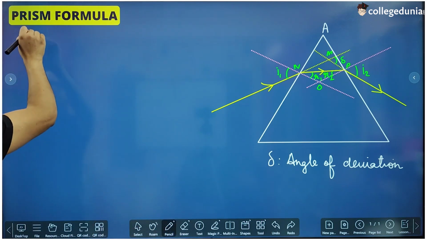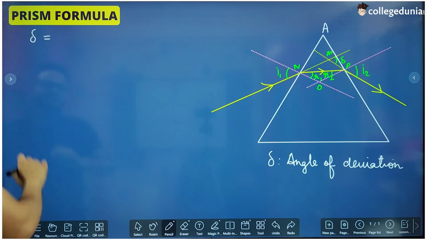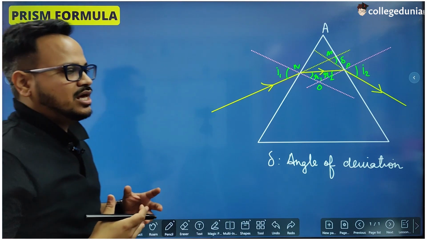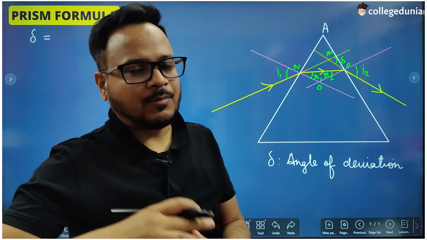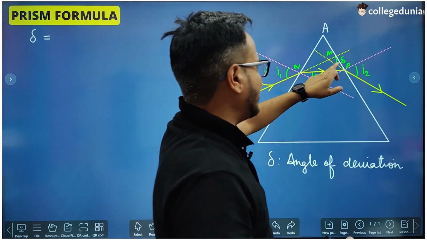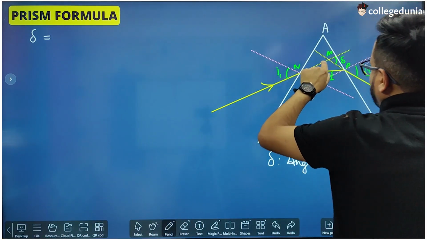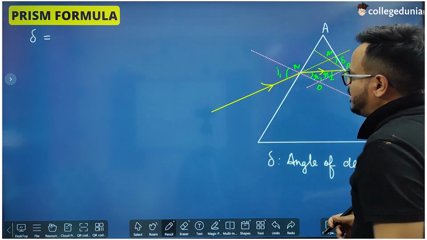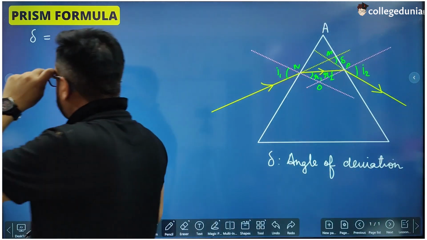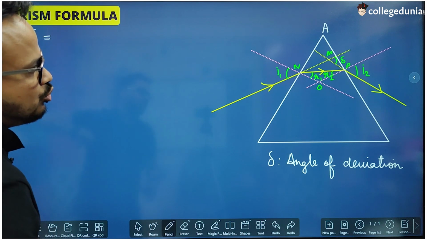So delta is what? Delta is simply, we know that the exterior angle of a triangle is the sum of two opposite interior angles. So delta is the exterior angle in the triangle MNP, right? So what are the opposite interior angles?